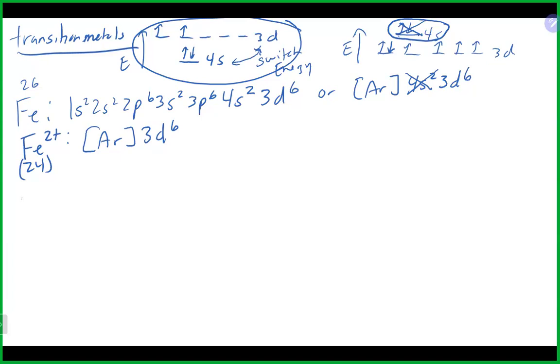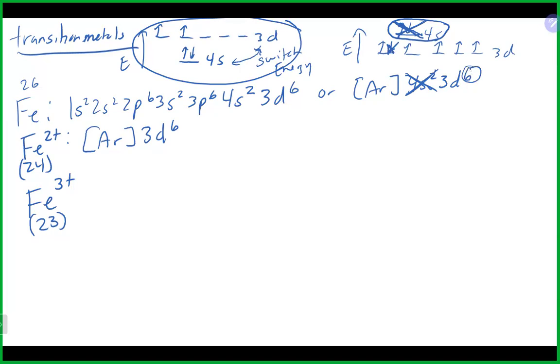For example, if we take iron and it has a +3 charge, how many electrons? 23 electrons it would have. It will once again lose these 2 electrons here. But that is only 2 electrons, right? It needs to actually lose 3. The next highest in energy is their d orbitals, and it will lose its 3rd electron right there out of this guy.